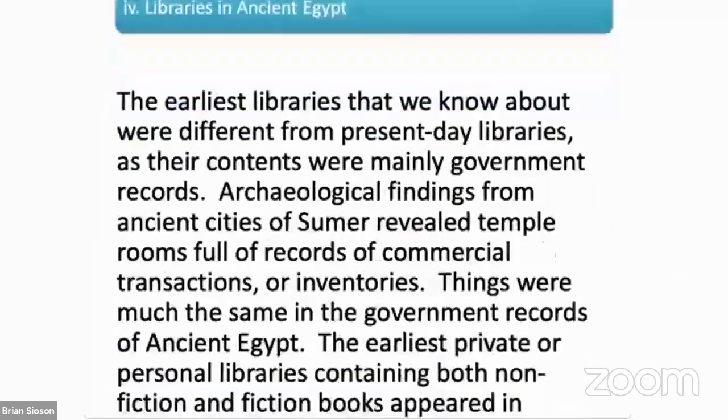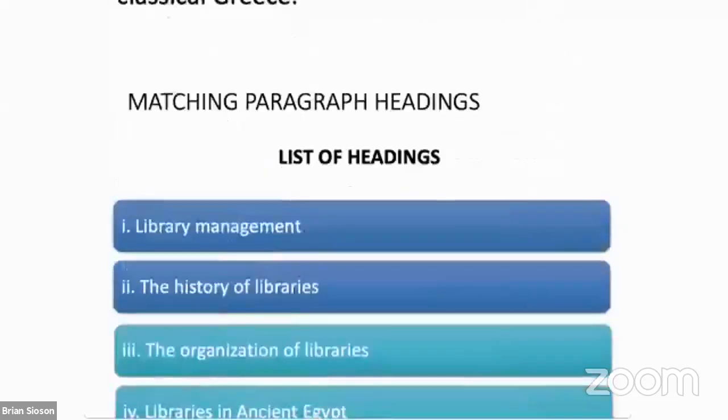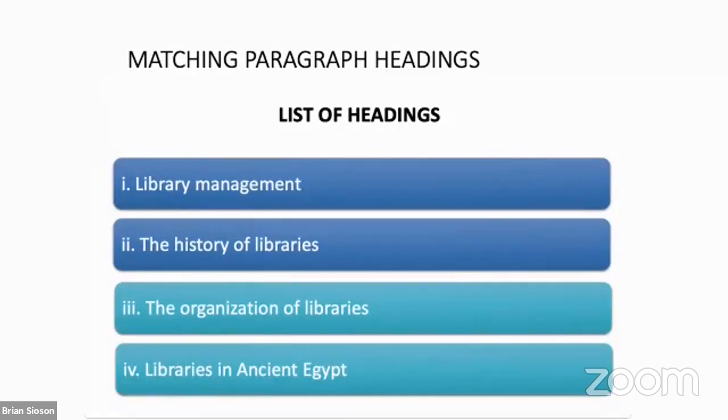Because we have here, earliest libraries that we know about were different from present day libraries. I think something is amiss here. We do not have the present organization of libraries. We have how libraries were organized in the past. So what do you think is the best answer here? Is it 3 or 2?